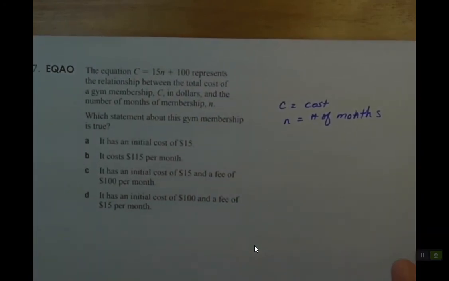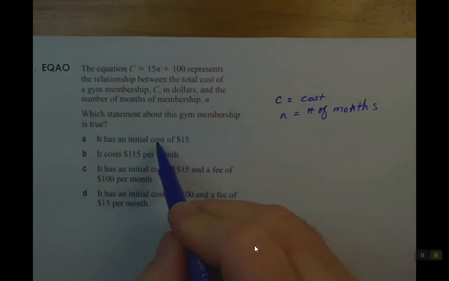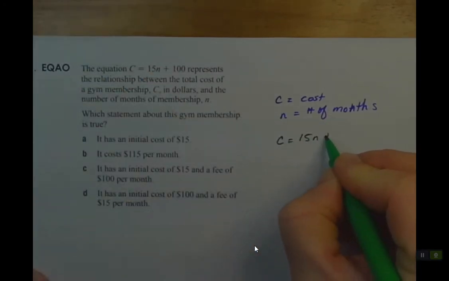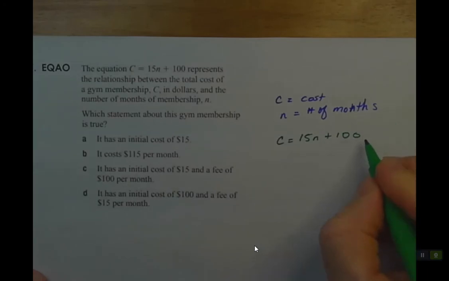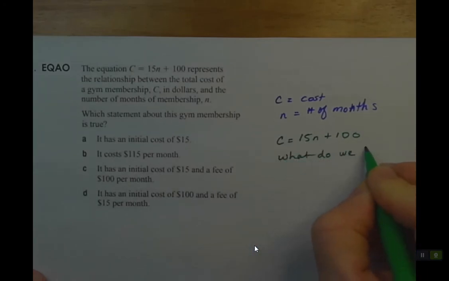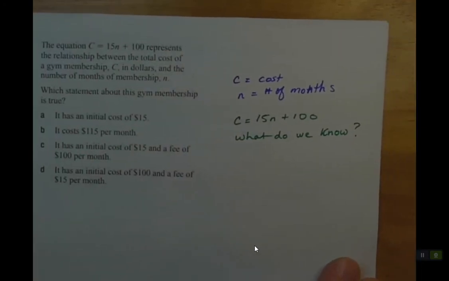One of the things we have to look at is they talk about initial cost, cost per month, a whole bunch of different things. But if I'm given this equation of 15n plus 100, what do we know?